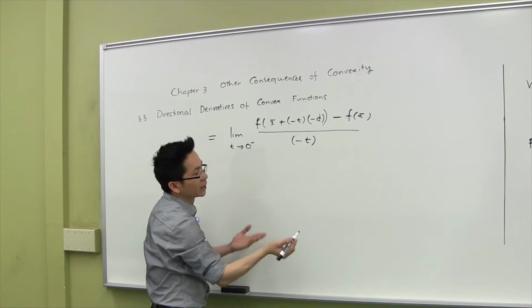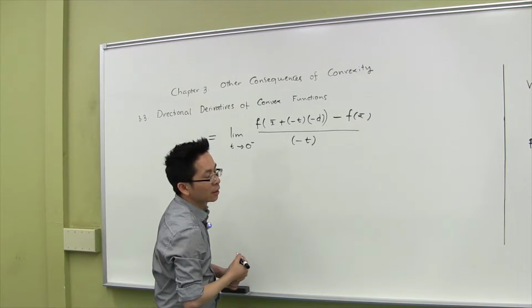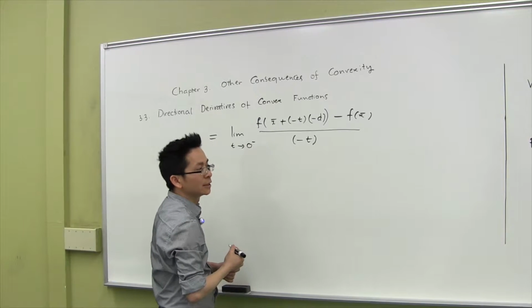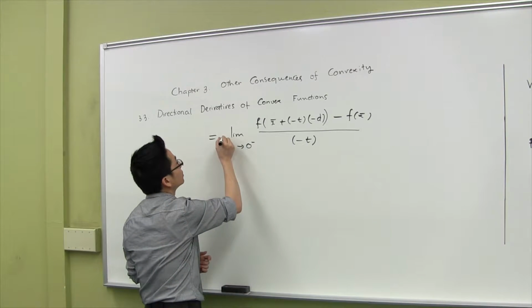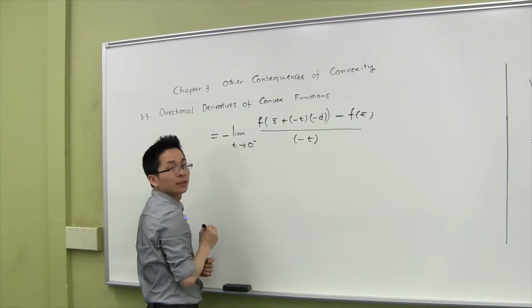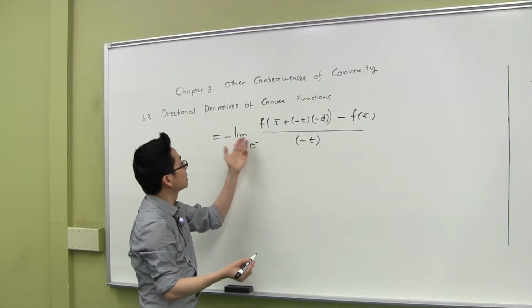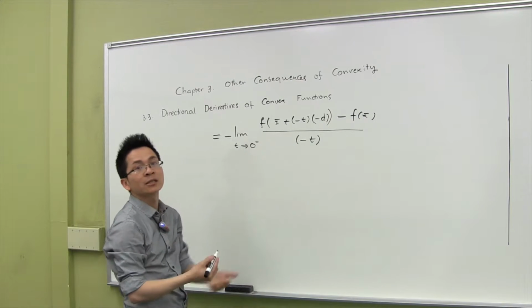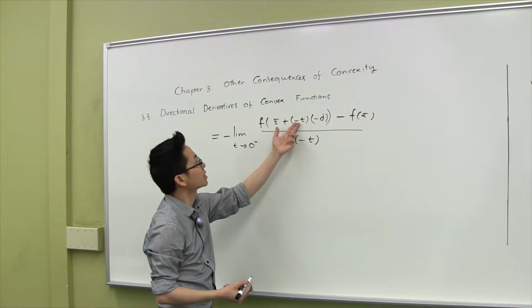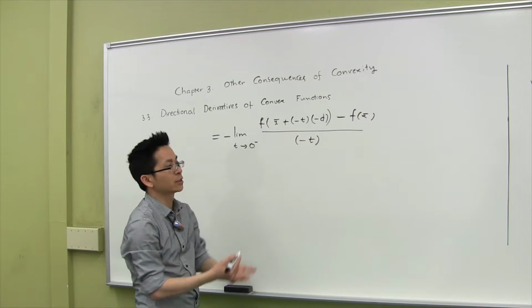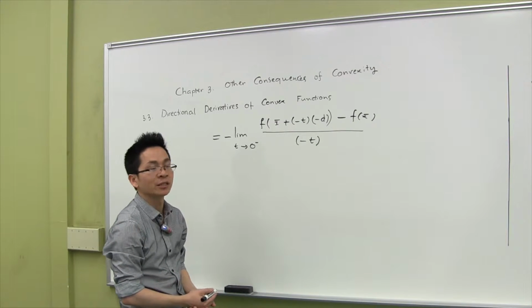But in order to make sure that the equality is valid, we need to put a minus sign over here, okay? To make sure that minus t is just t, and here minus t times minus d is the same as t times d, okay?